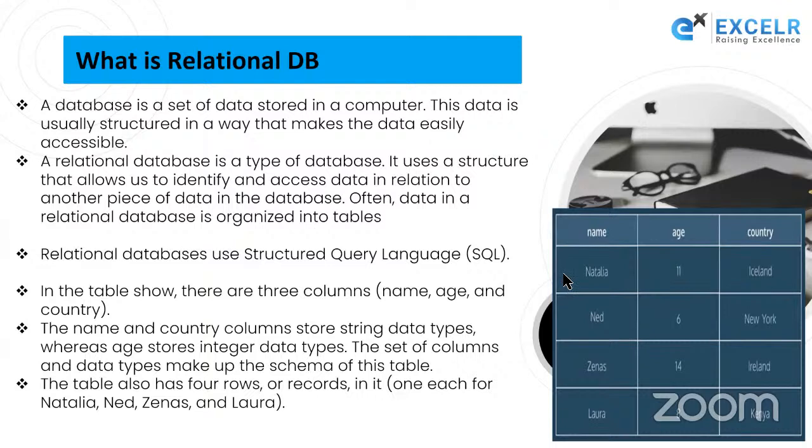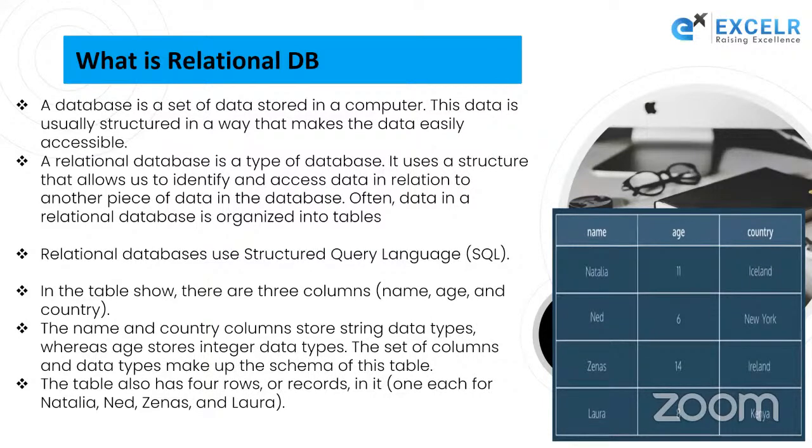That's the reason it is called a relational database. It uses a structure that helps you easily access and identify one piece of data with another within that database table. This is the feature of the relational database, that your data is stored in tabular form.